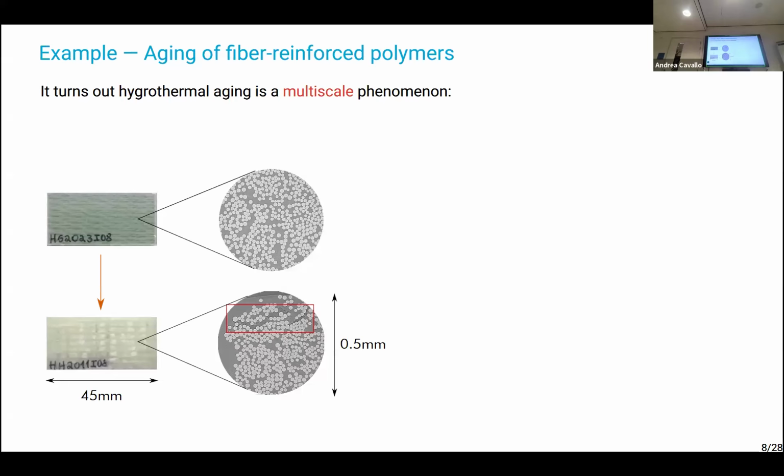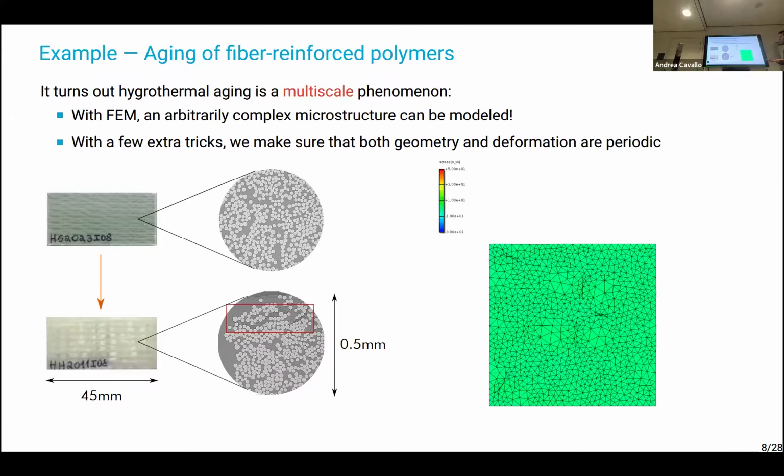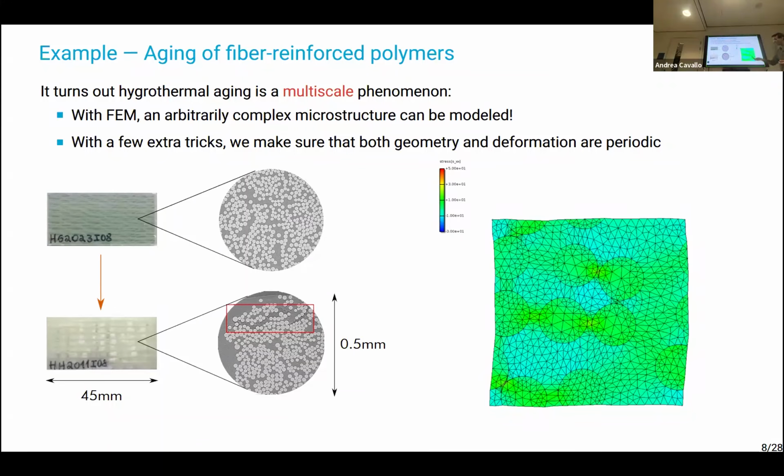So we were like, okay, whatever degradation happens is at this small scale, but we are modeling something at a higher scale, so there's a disconnect. So what I did was to try to model what happens when the material absorbs water at this very small scale. So I came up with this different finite element model, but now at this scale.